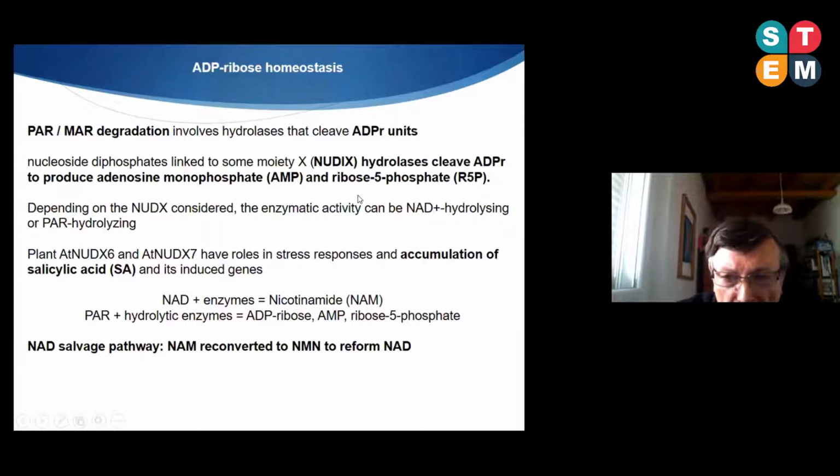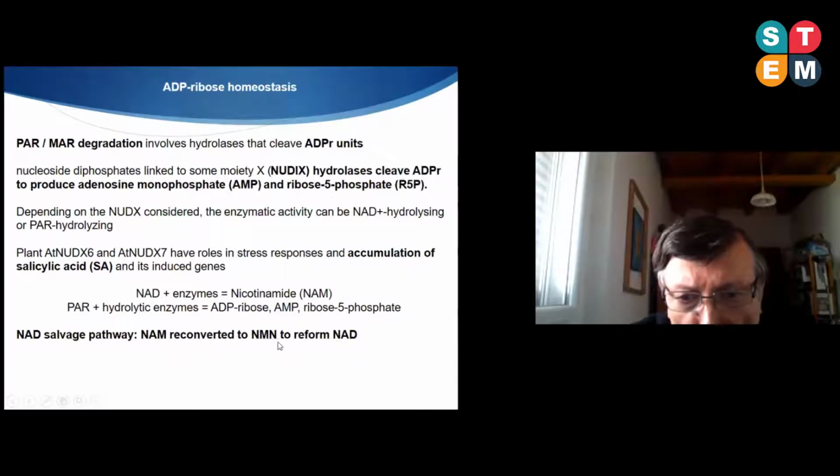And all these small compounds are recycled and reconverted. So this is the NAD salvage pathway that starts from nicotinamide. This is transformed into nicotinamide mononucleotide, and this reforms NAD.